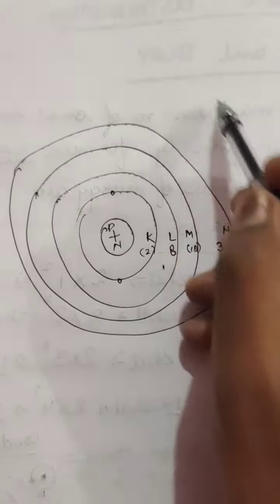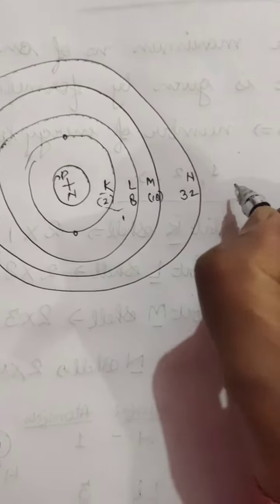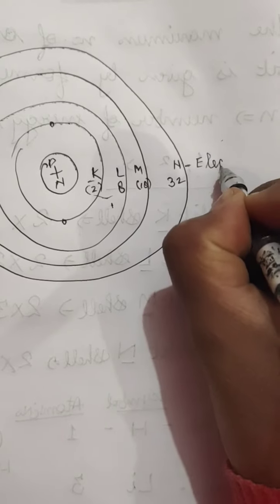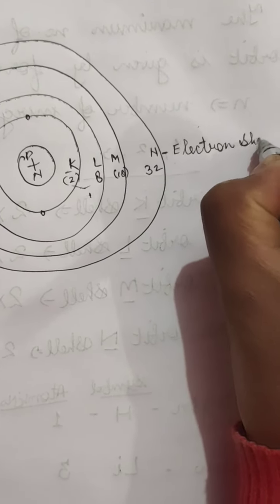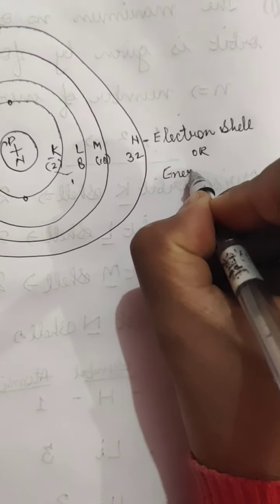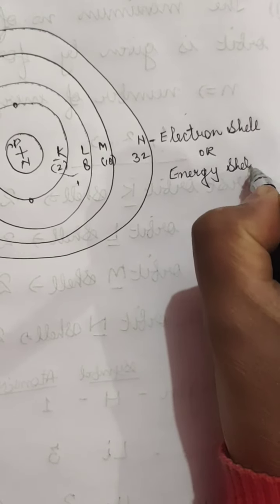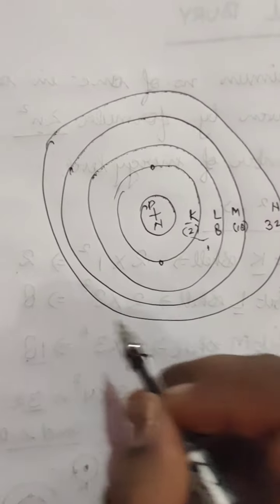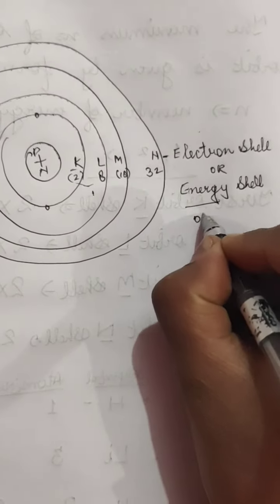Here you have to draw a proper circle. These are the electron shells or energy shells, and these rings are the orbits.